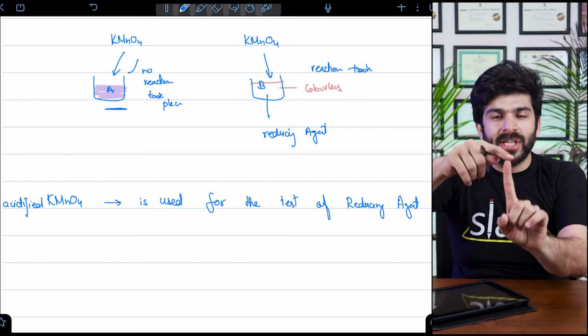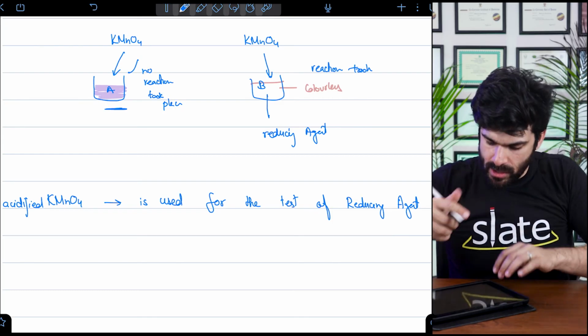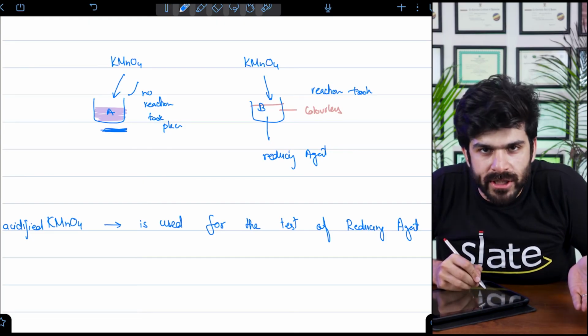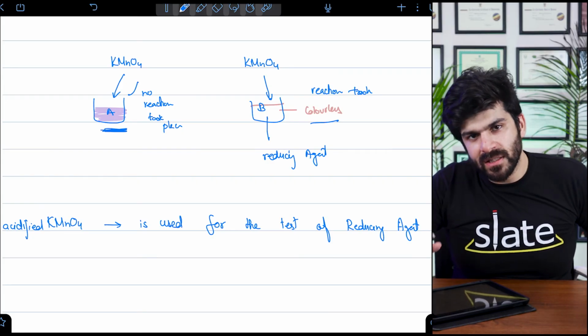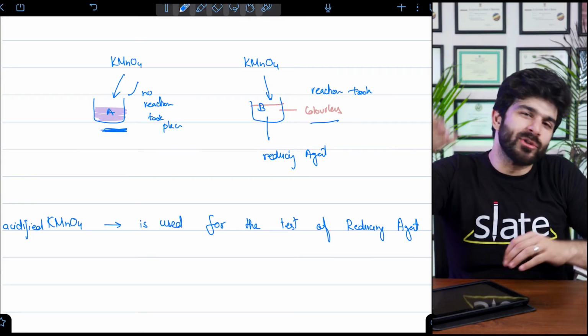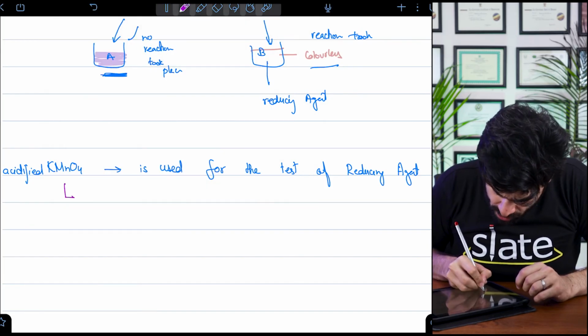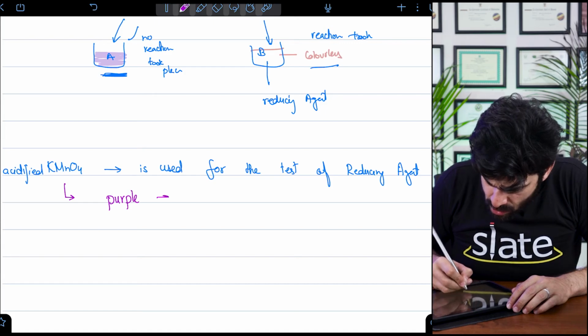But an oxidizing agent will tell us whether the other entity is a reducing agent or not. Because if it changes no color, then it's not a reducing agent. But if it changes color, purple to colorless, the entity is a reducing agent. So potassium manganate is the test for reducing agent. The color change we see is purple to colorless.